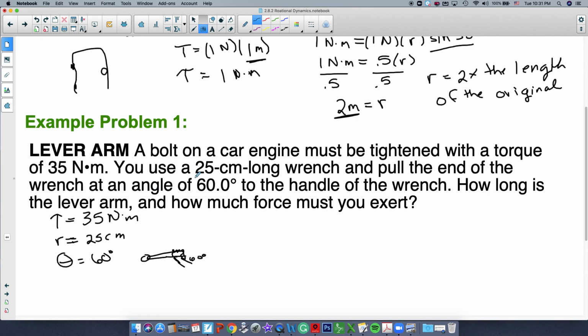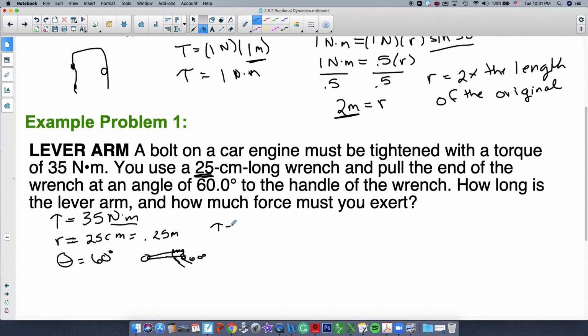Well, our lever arm is just that, so it's 25 centimeters long. However, remember our units are newtons and meters, so we don't want to use centimeters. We're going to have to change that to meters. So divide by 100 and you get a quarter of a meter, or 0.25.